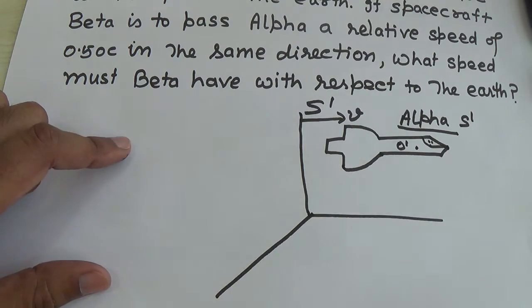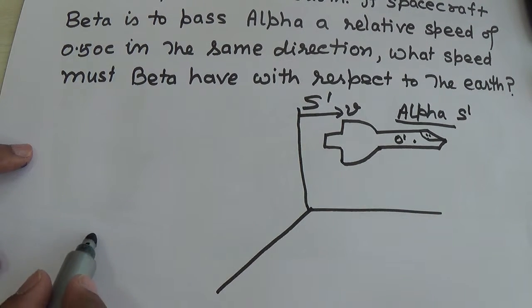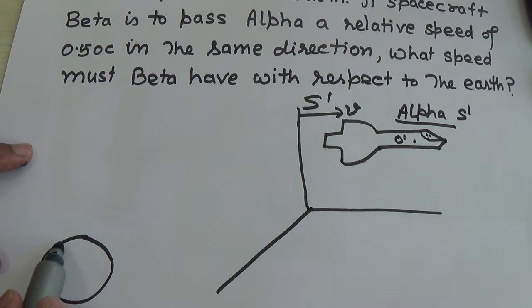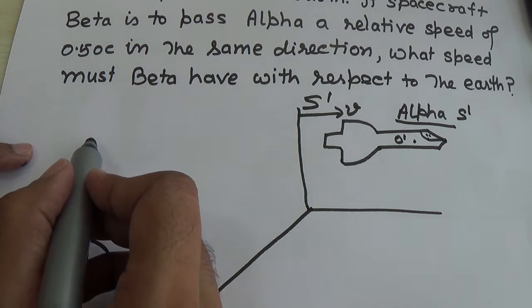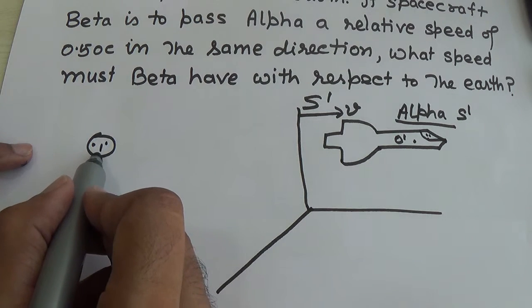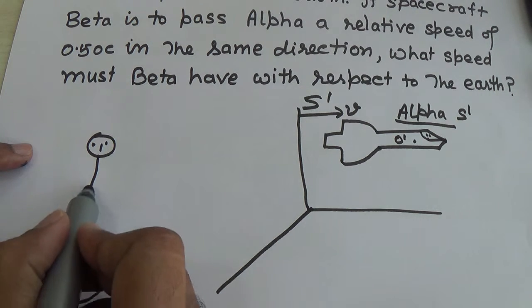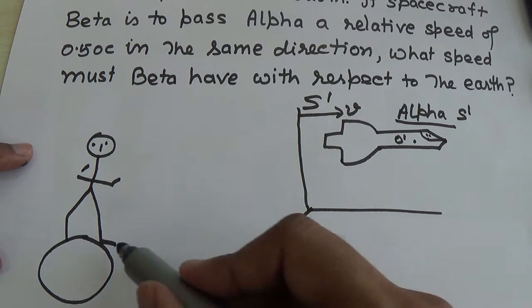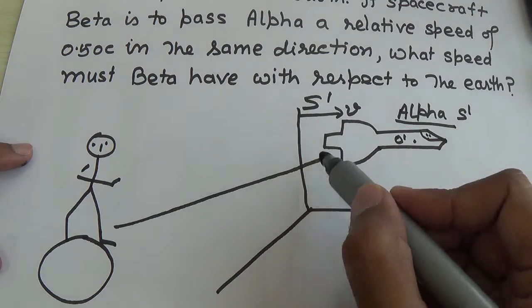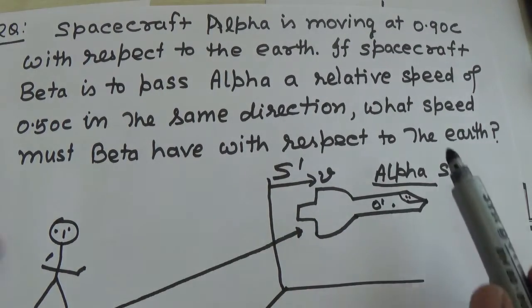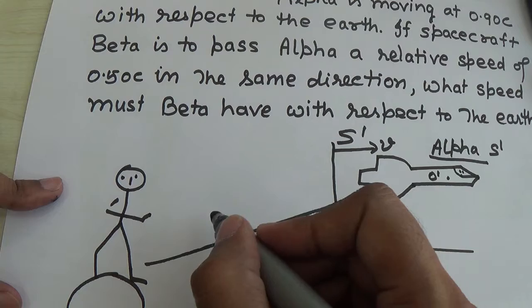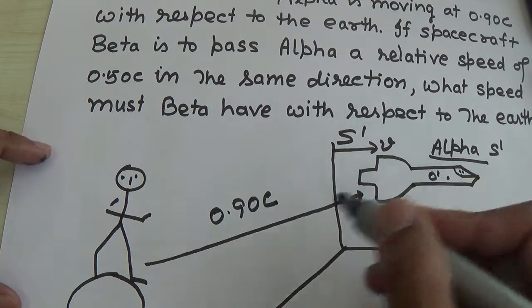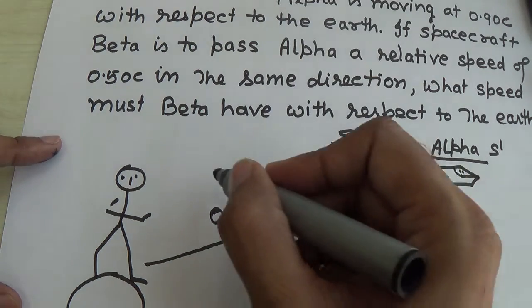This is the surface of the earth, here is a man. The speed of this spacecraft relative to the earth is 0.90 c. So this is v, and it is given.